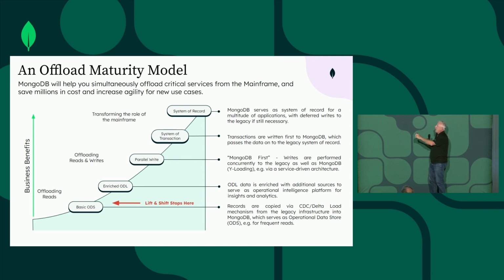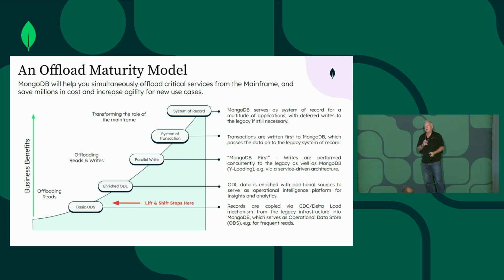So in this model here, we offload that stuff. Let's take that first case, right? We've built a cache with the exact same data structure as we had on the mainframe. We've got this operational data store. We can definitely buffer some of the reads. That's nice. But then what happened is the business had features, right? We've got a backlog, and we want to deliver some of those features.